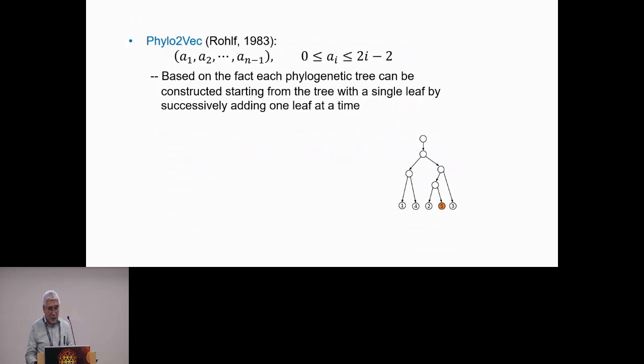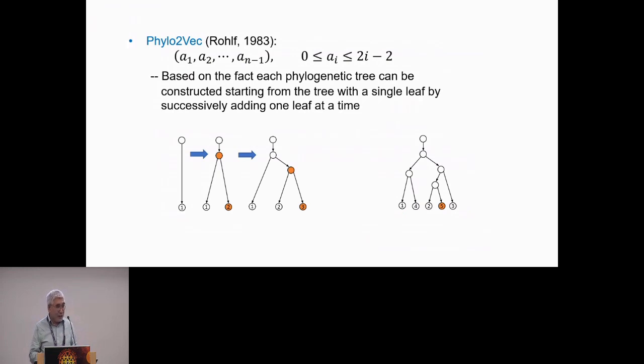For example, this is a 5-taxa tree. We can generate it starting from a single-leaf tree. Then we add another taxon to the unique edge. So A1 specifies the edge. Then we add a third one. There are three possible edges to add, so A2 specifies that edge, and so on and so forth.